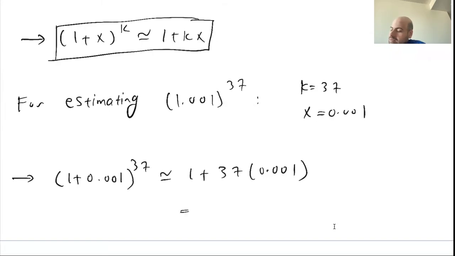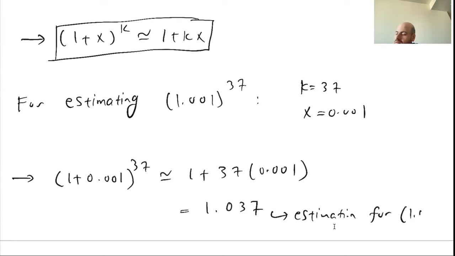And this is 1.037. So this is an estimation for 1.001 to power 37 using local linear approximation.